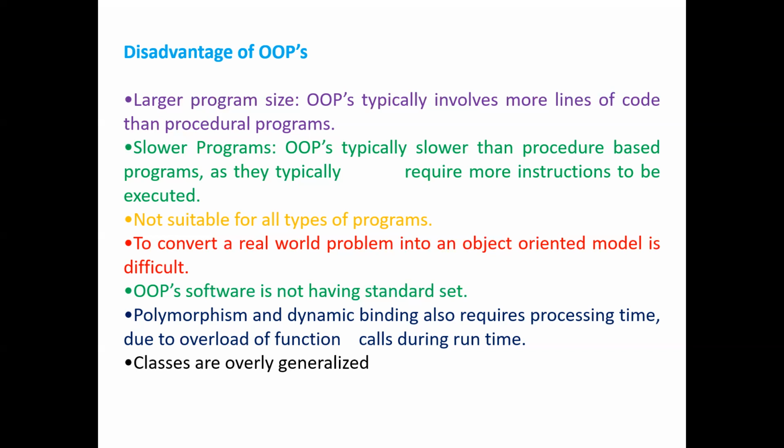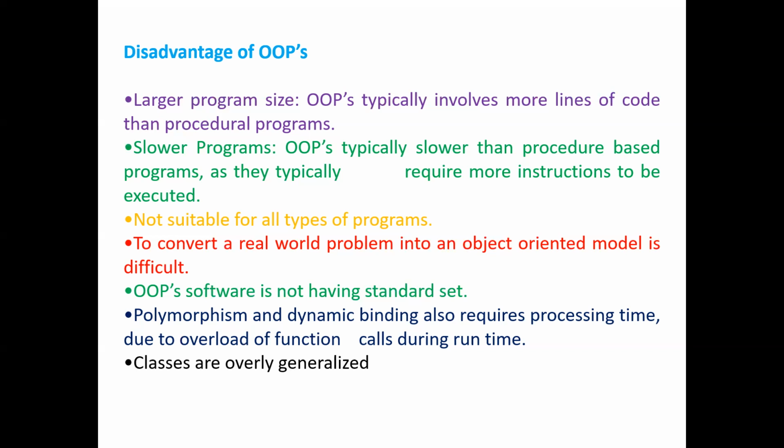It means the disadvantages of OOP are larger program size, slower program execution, not suitable for all types of programs, it is not easy to convert a real world problem into an object-oriented programming model, and object-oriented programming software does not have a standard set, right? And the classes are overly generalized. And these are the disadvantages of OOP.